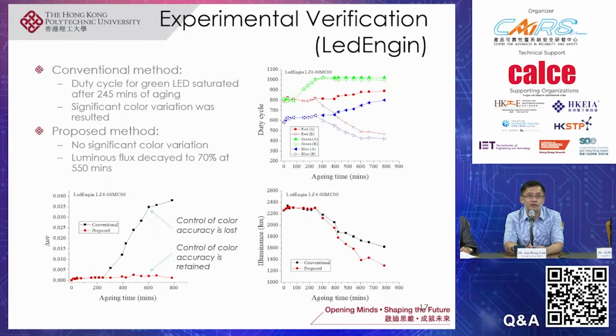So we see another example here, which is another LED module made by another manufacturer. A similar situation happened here, so I will not repeat the details, but what we can see is that if we apply the conventional color control methods, the LED module will reach the end of its life at around 245 minutes of aging.